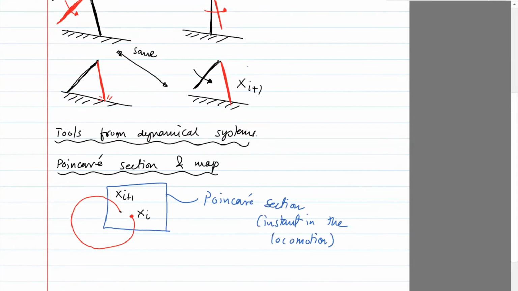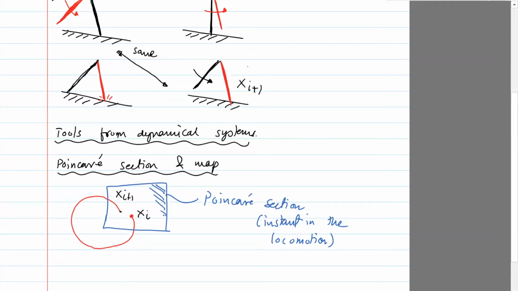Usually there are certain instants which are favorable, like for example an instant where both legs touch the ground. That's a good instant which people use. Another good instant is when the leg is vertical, when the angle made by one of the legs with gravity is zero. But you don't have to restrict to them. So that's basically a Poincare section.